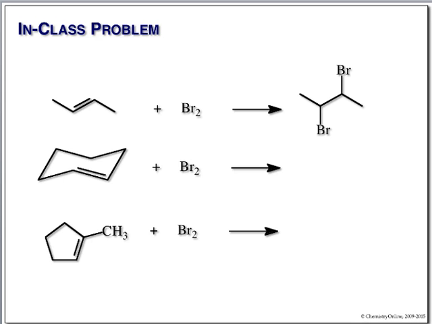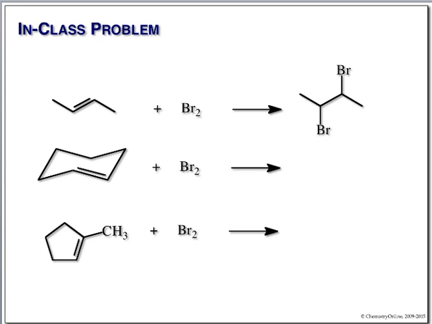Now next we have cyclohexene, don't we? Now we need to remember our stereochemistry. Initially, the bromines are going to be on opposite faces, aren't they? They're adjacent to each other.